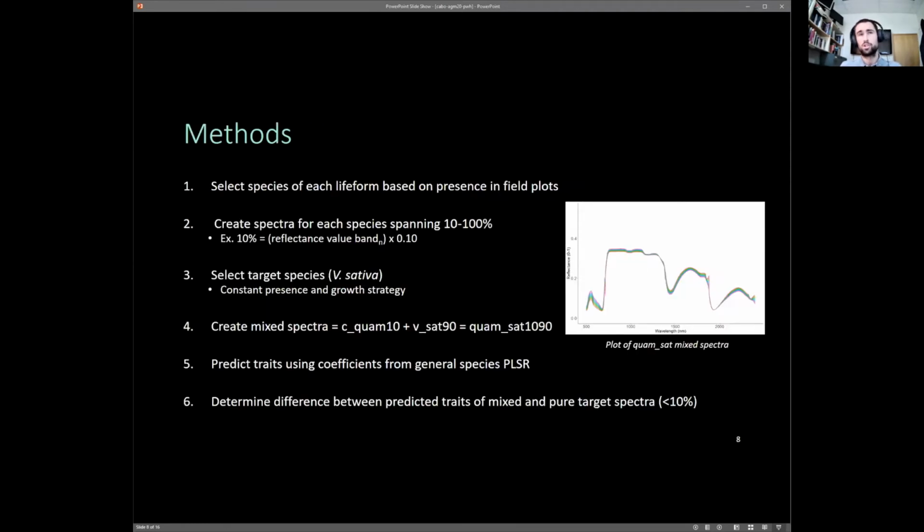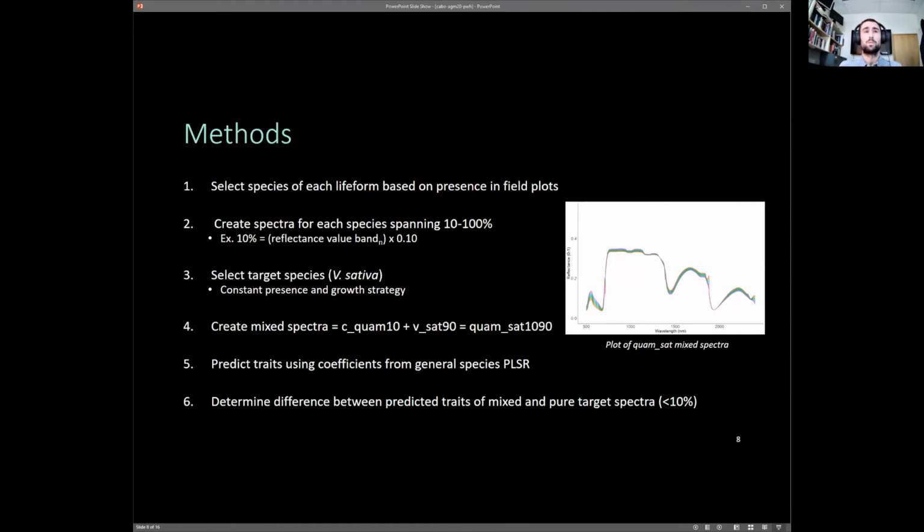For methods, this is just an overview of how I've gone about mixing, first creating the mixed spectra, and then evaluating them. The first thing to do was select 5 different species of different life forms and compare them to a target species.